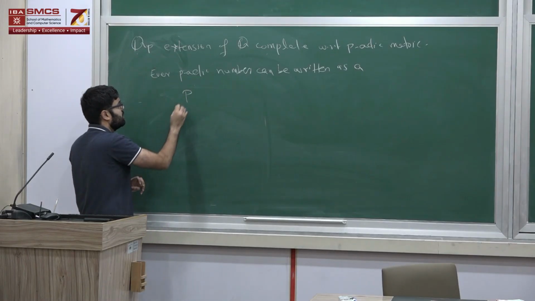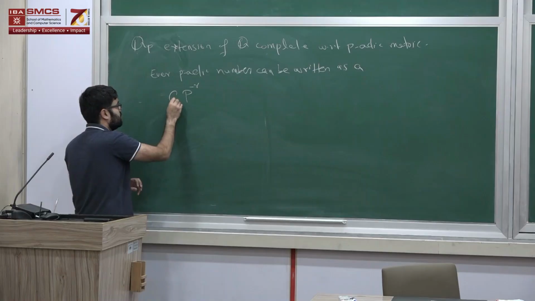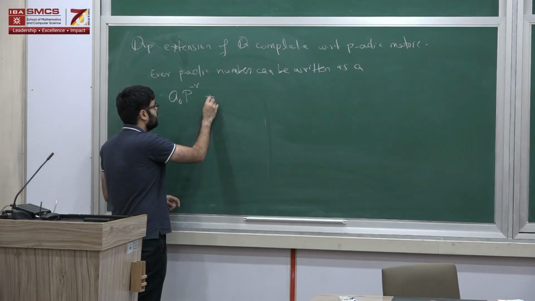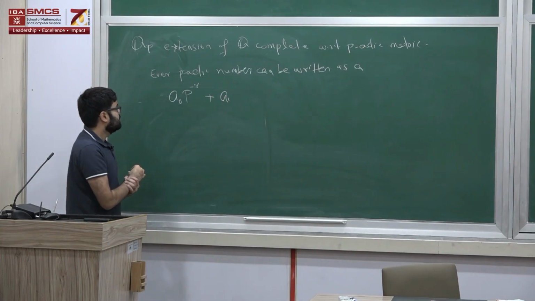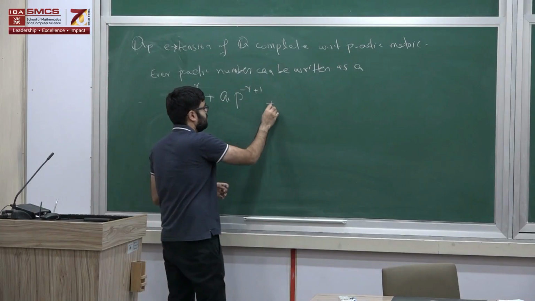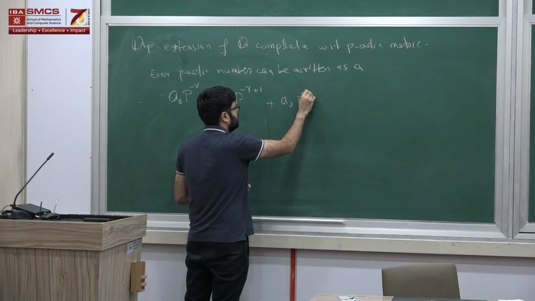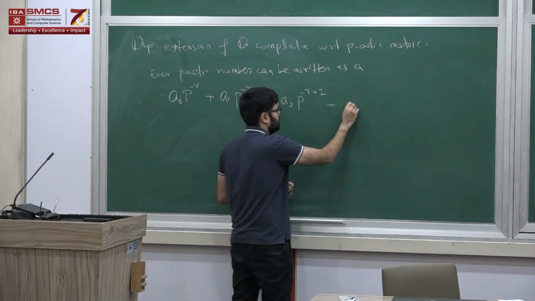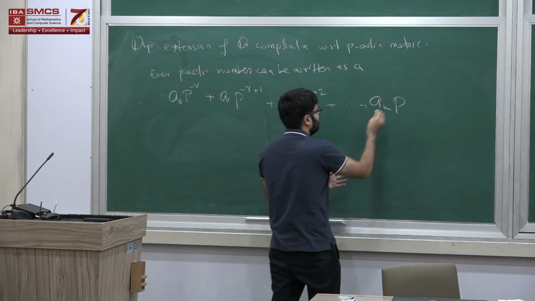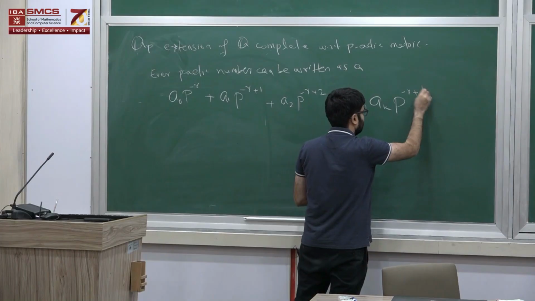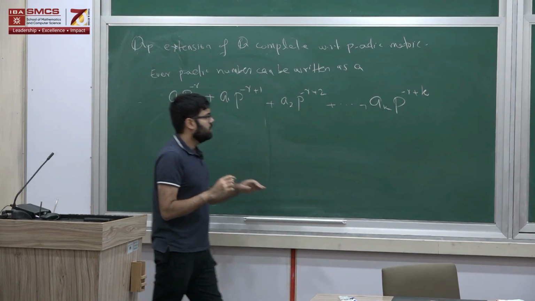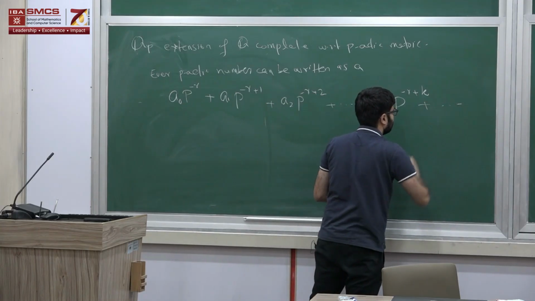We start with some coefficient, a0 p to the minus r, and then the next term is a1, and now I increase the power of p by 1, plus a2, and ak p to the minus r plus k, and so on. So, this is an infinite series.